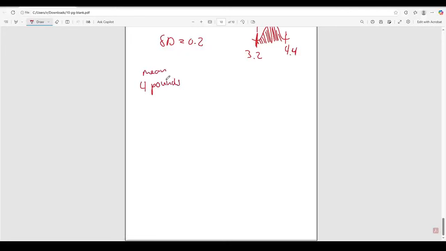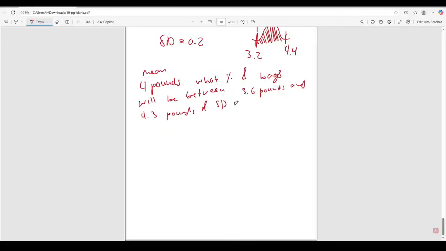Okay, so they want to find out what percent of bags will be between 3.6 pounds and 4.3 pounds if the standard deviation is 0.3 pounds.